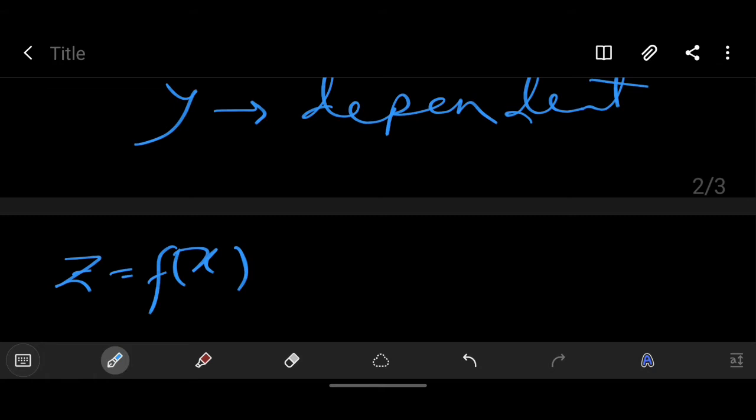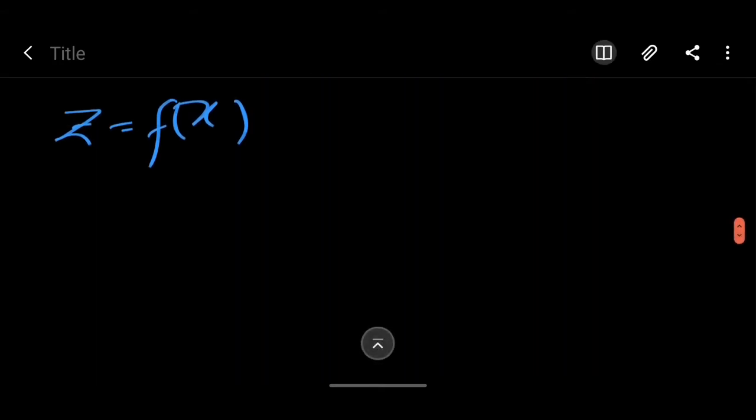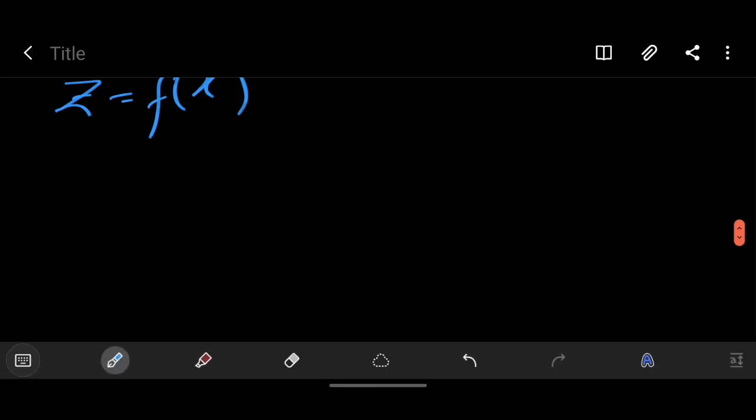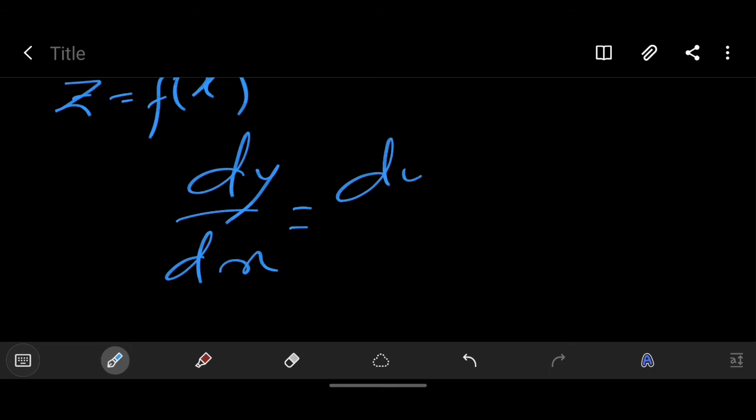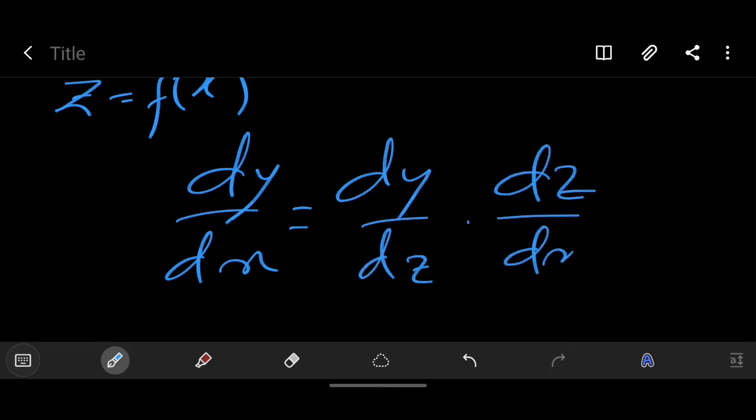How can we do that? If we have z as a function of x, then dy/dx can be written as dy/dz times dz/dx. This is just the same, right? For simplicity, we can take out this dz/dz and we get the same thing. So if z is a function of x, then we can write it like this.